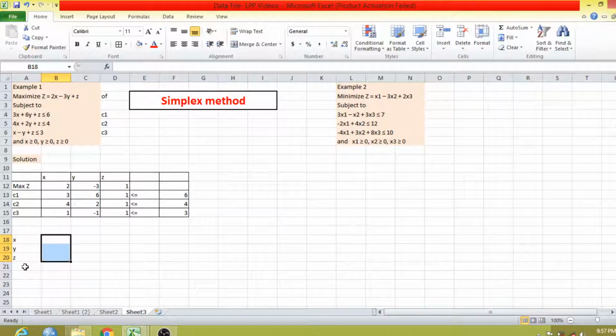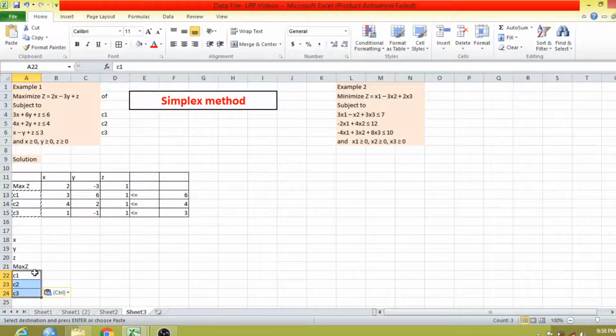So here we will identify maximize z, and our constants are 1, 2, 3. We will also identify how many constants have been used as per the given 6, 4 and 3.